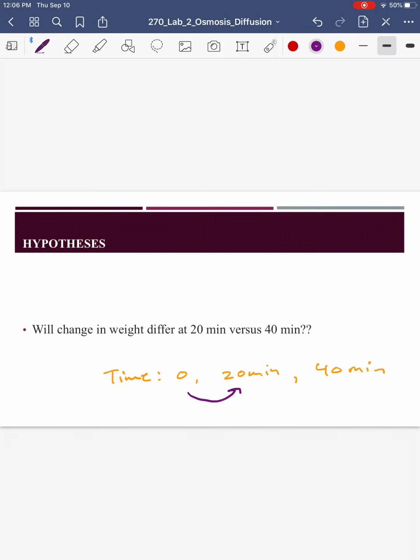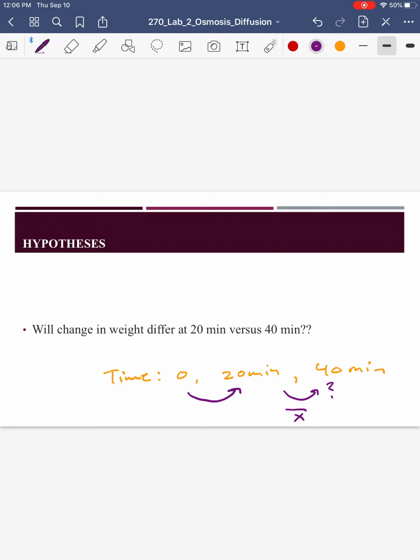Do you think that the same trend will continue from 20 to 40, maybe? Or maybe there won't be any more diffusion? And I'm going to give you a hint to think about this. As time goes on, what do you think happens to that concentration gradient?